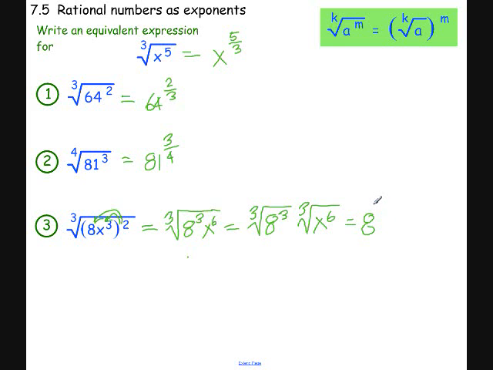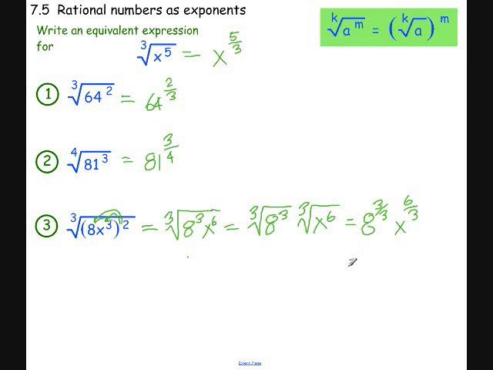What is my power? 3 as my power, and 3 as my root. Over here, I've got x as my base. My power is 6, that goes in the numerator, and my root is 3.